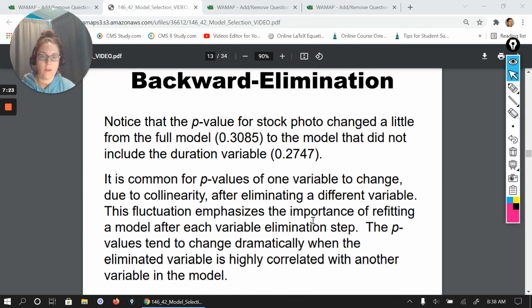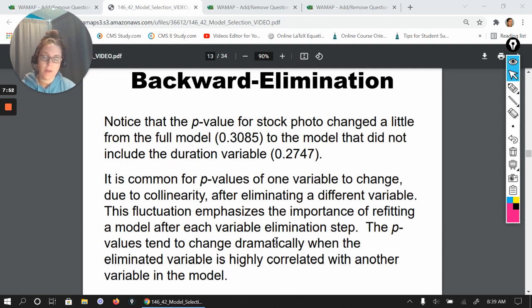This fluctuation emphasizes the importance of refitting a model after each variable elimination step. The p-values tend to change dramatically when the eliminated variable is highly correlated with another variable in the model. So in other words, we don't want to just eliminate all the variables that have high p-values at once because of this collinearity issue.